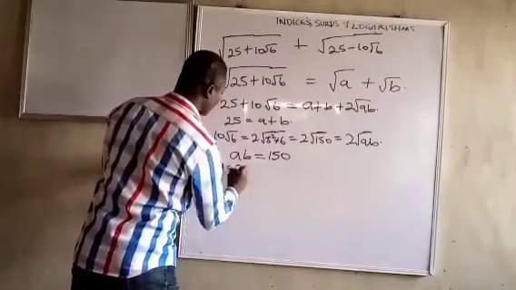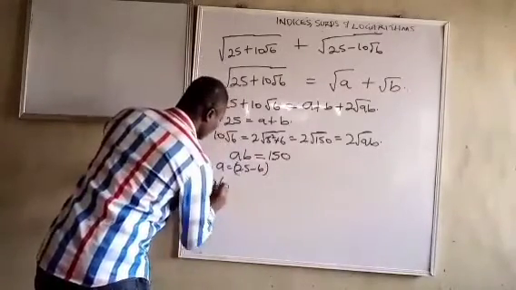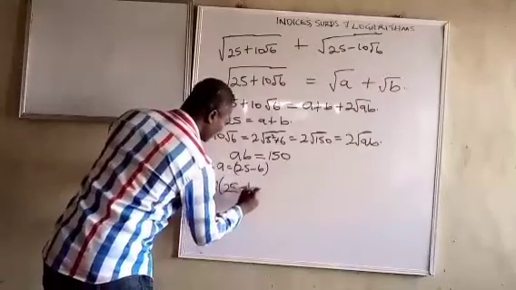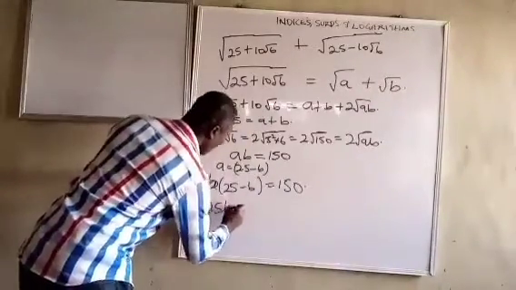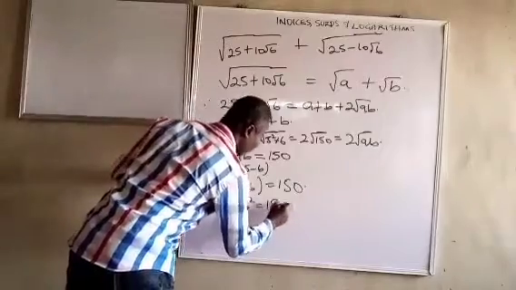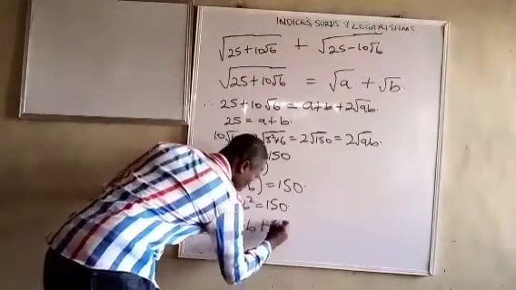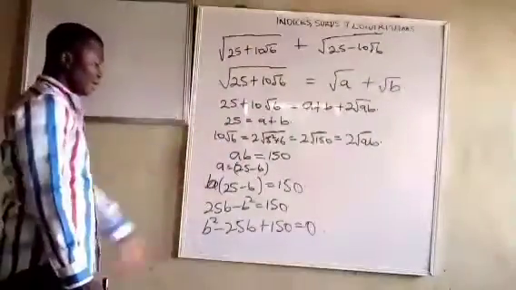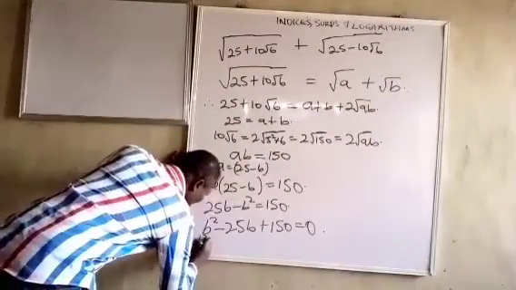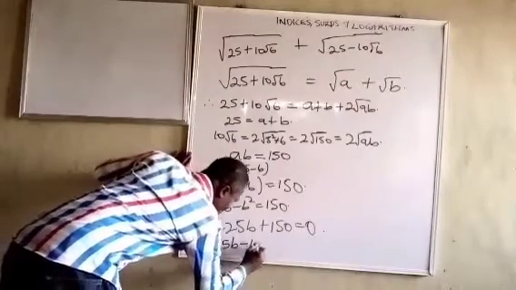Then we can now say A equals 25 minus B. So B into 25 minus B equals 150. So 25B minus B squared equals 150. So B squared minus 25B plus 150 equals 0. Using our normal knowledge of quadratic equations, we split it: B squared minus 15B minus 10B plus 150.